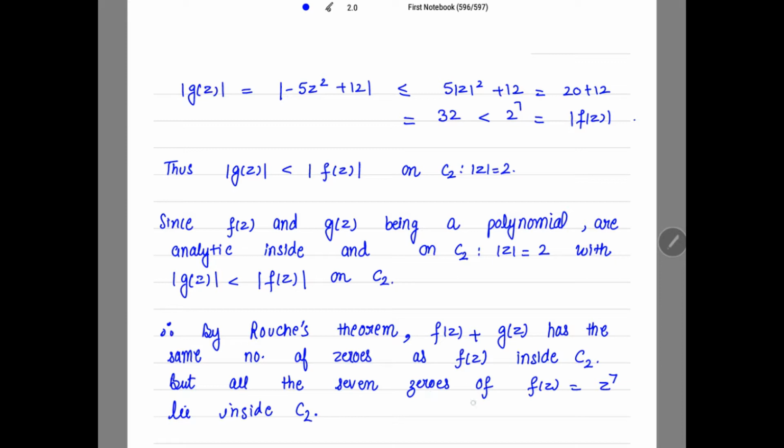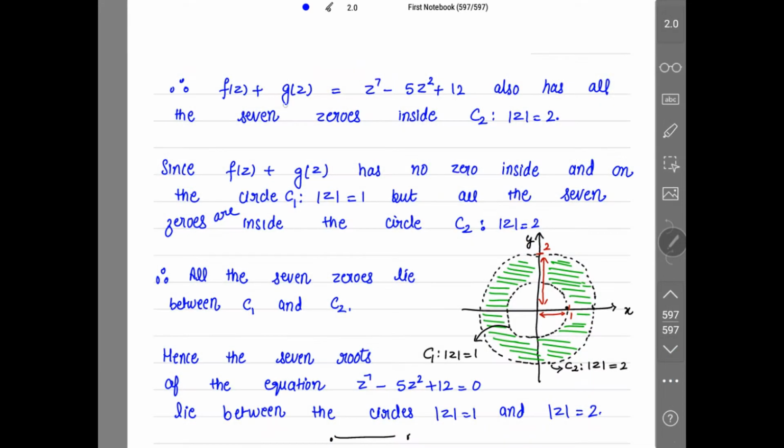But all the 7 zeros of f(z), that is z to the power 7, lie inside C2, right? So f(z) plus g(z) also has all the 7 zeros inside C2, right? Since f(z) plus g(z) has no zero inside and on the circle C1, but all the 7 zeros are inside the circle C2, all the 7 zeros lie between C1 and C2.